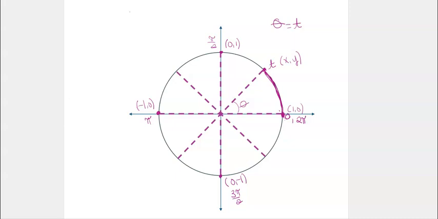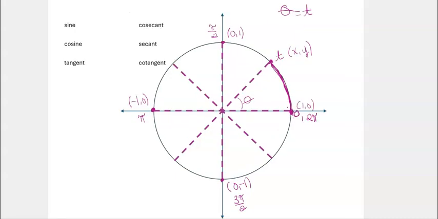So from this discussion, it follows that the coordinates x and y are two functions of the real variable t, and we're going to use these coordinates to define our 6 trigonometric functions. So I wrote these functions up in the top left of the screen. They are sine, cosine, tangent, cosecant, secant, and cotangent. But we actually abbreviate the spelling because it would take too long to write all of that out every time.